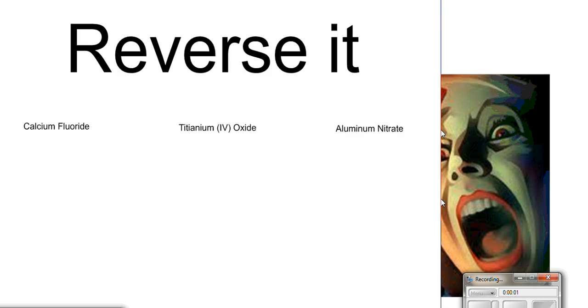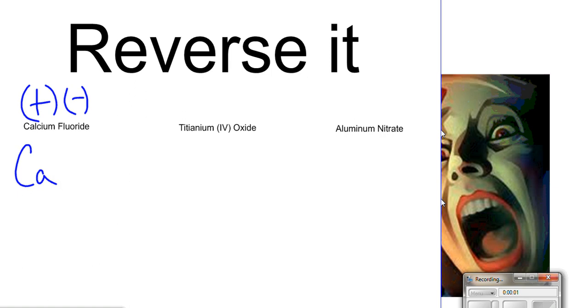The last thing you'll have to do with nomenclature is be able to go backwards from the name to the formula. And actually that's the easiest part about nomenclature, at least I think it is. So calcium, fluoride, remember it always goes cation, anion. So calcium, elemental symbol is Ca.